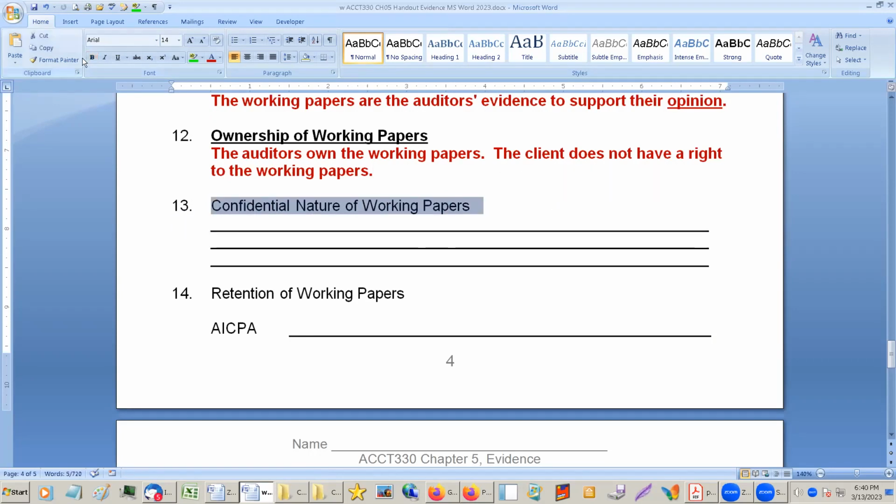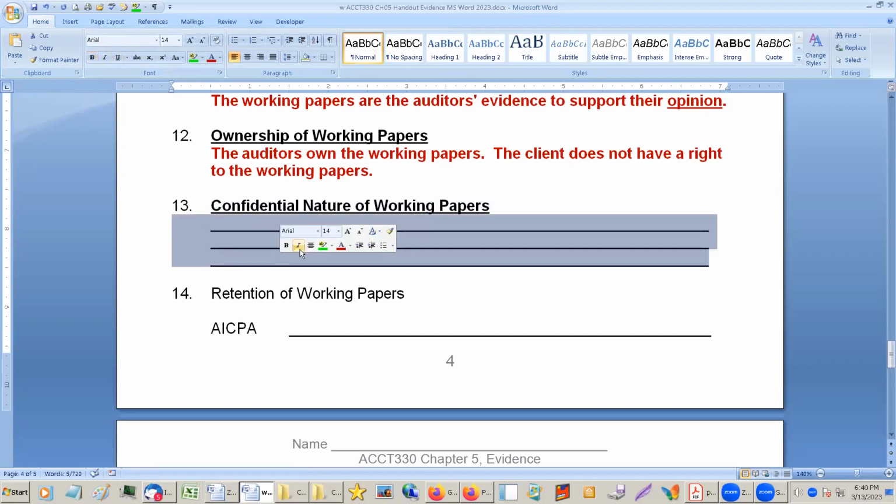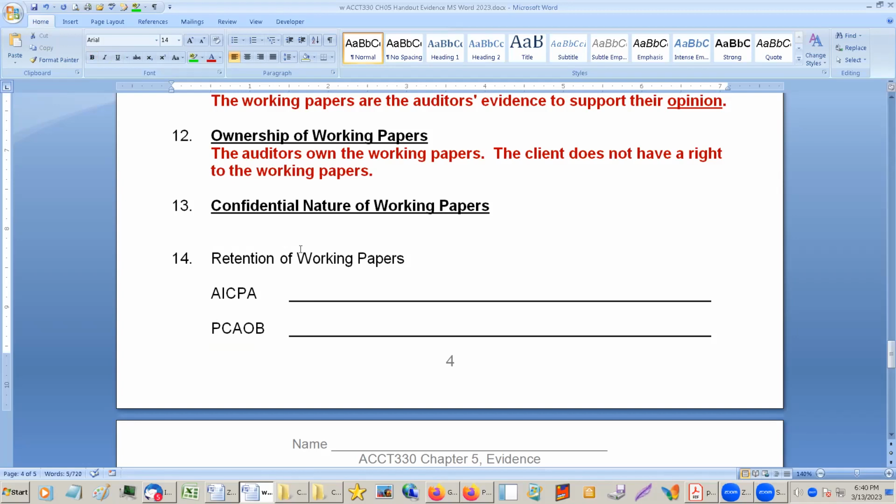Confidential nature of the work papers. Auditor has a responsibility to their client not to disclose.